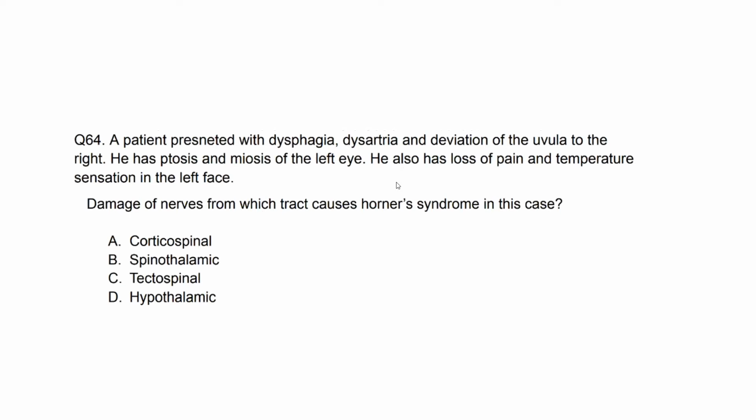So we have a patient that presents with dysphagia, dysarthria, and deviation of the uvula. Oh, it's this case again. Ptosis and meiosis, and loss of pain and temperature. Which tract is going to cause Horner syndrome?